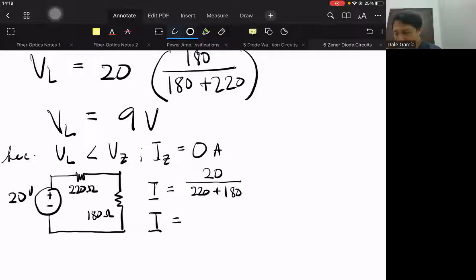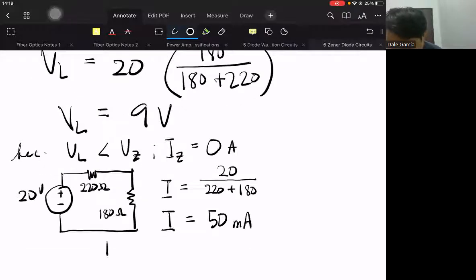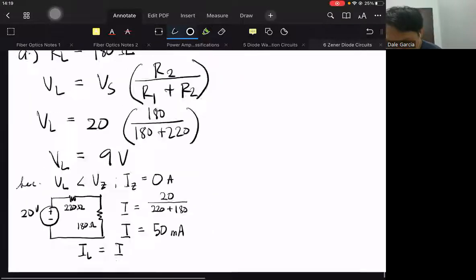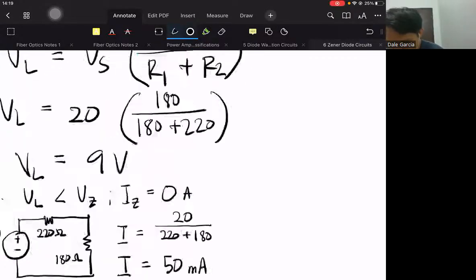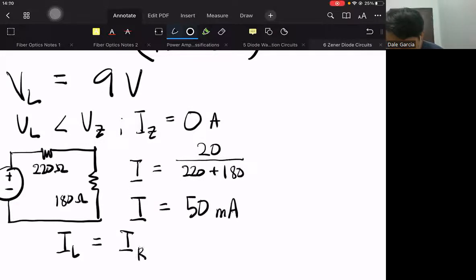The circuit current is 50 milliamperes. Therefore, IL is equal to IR equal to 50 milliamperes.